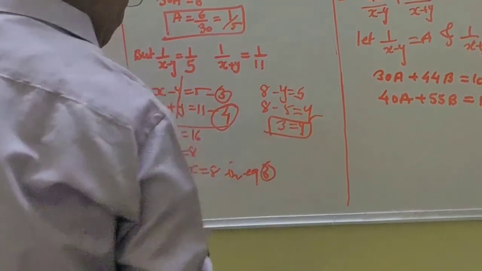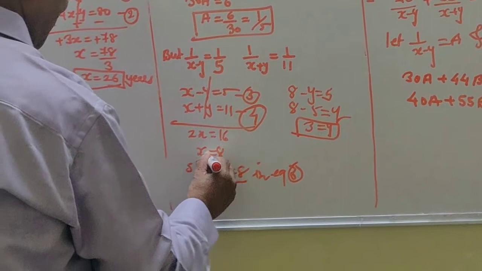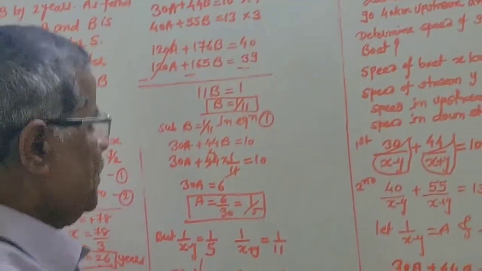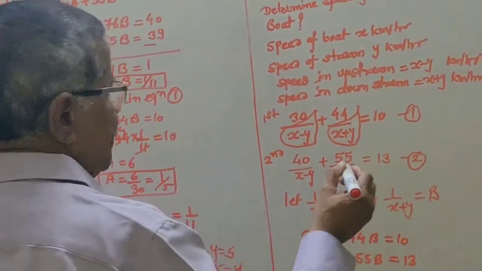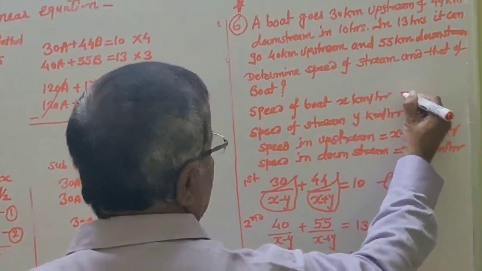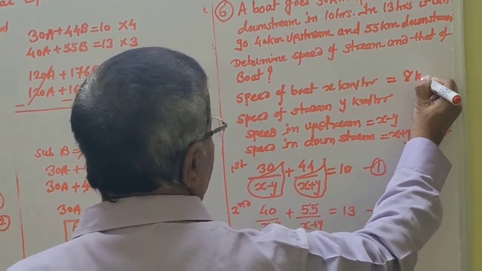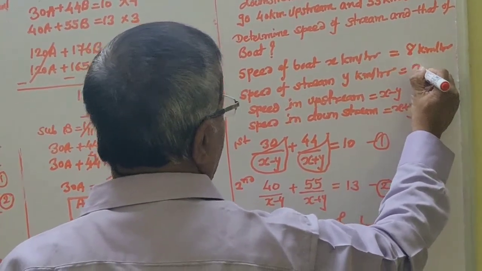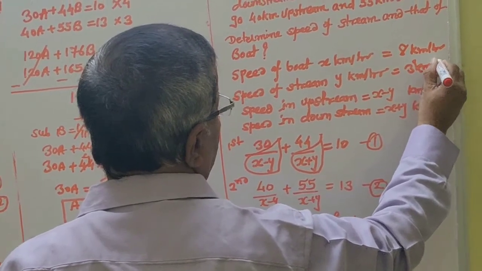Okay, now I will get the value of x and y. I am considering x as the speed of boat. So the speed of the boat will remain is equal to 8 km per hour. Okay, and what is the speed of stream is 3 km per hour.